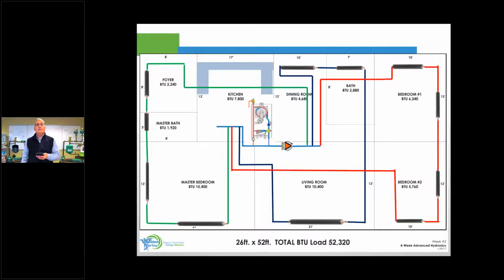Move the comma to the left one space, you get 1.79. We're going to call that 1.8 GPM because we divided that number by 10,000. Write that down. I'm estimating that that loop, where's my pointer? Here we are. That loop round trip should come to about 98 feet.